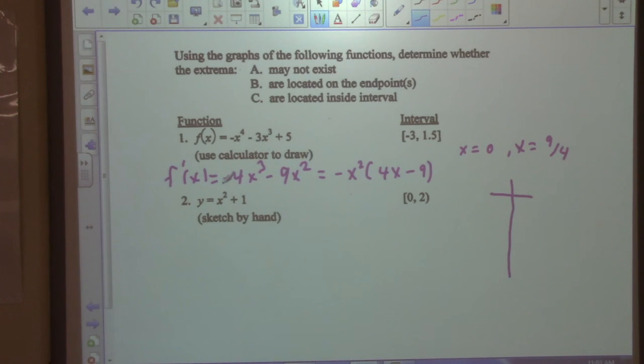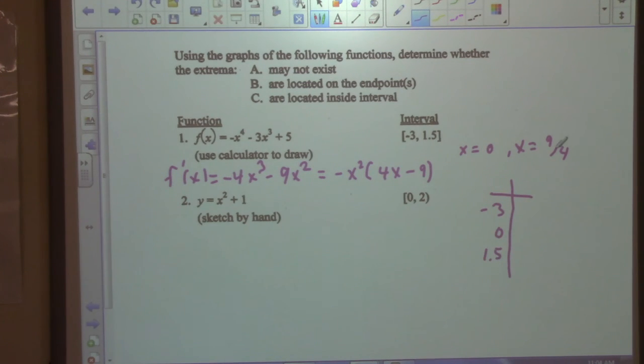Okay, this is what I got for this one here. And so the critical numbers I get here are 0. And first of all, I'm going to put the lowest value here, -3, and 0, and then the other endpoint is 1.5.